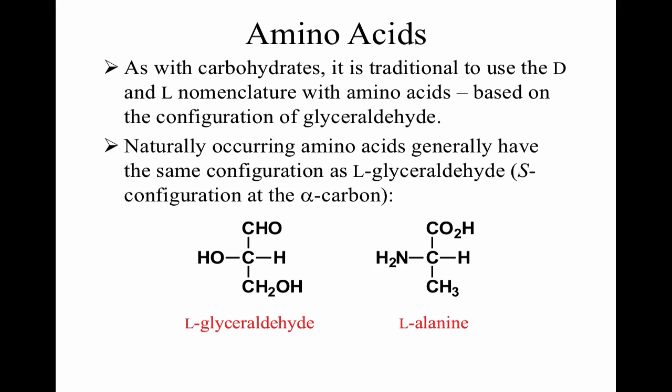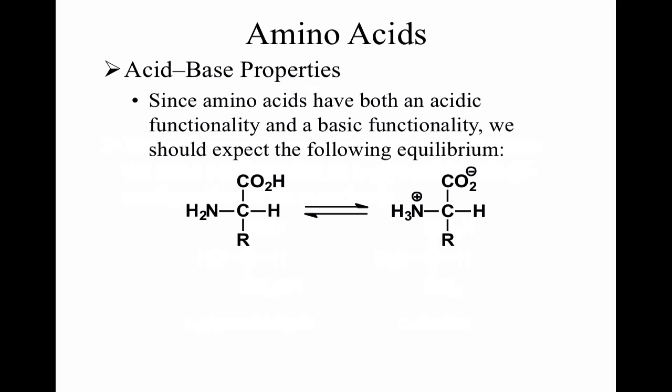But L-glyceraldehyde has this stereochemistry, and if the amino group, the carboxylic acid, and the side chain, if you will, kind of match up like it is for L-glyceraldehyde, we call it an L-amino acid. But it doesn't tell us whether it's R or S, okay? But L-glyceraldehyde actually has the S configuration at the alpha carbon as well. So I prefer to talk about R and S. For some reason, biochemists and biologists like to talk about D and L. But D and L is an outdated nomenclature system.